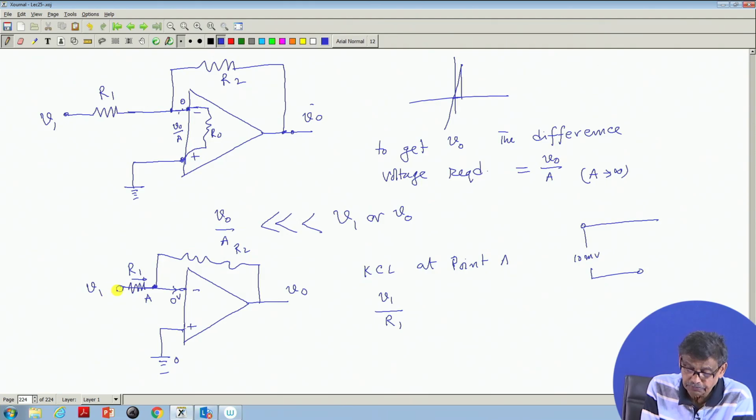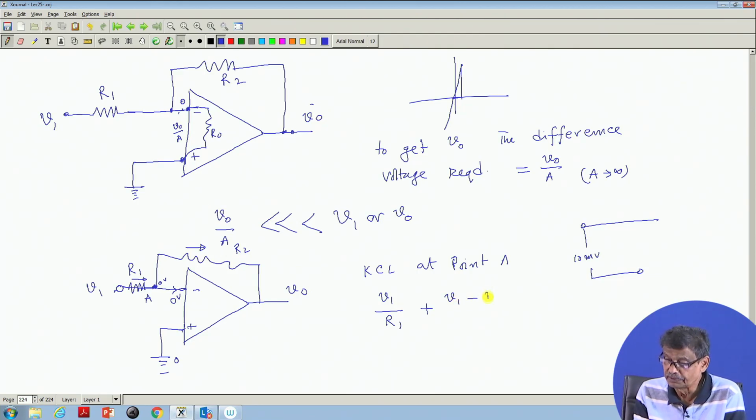V1 is with respect to this point, this is the potential, but this point is also here, because no drop takes place here. Potential difference between these 2 points is also 0. Therefore, V1 minus 0 volt divided by R1 is the current coming in, and then the current leaving. This current is 0, and this current, going this way, we know from the circuit analysis, will be V1 minus V naught by R2.